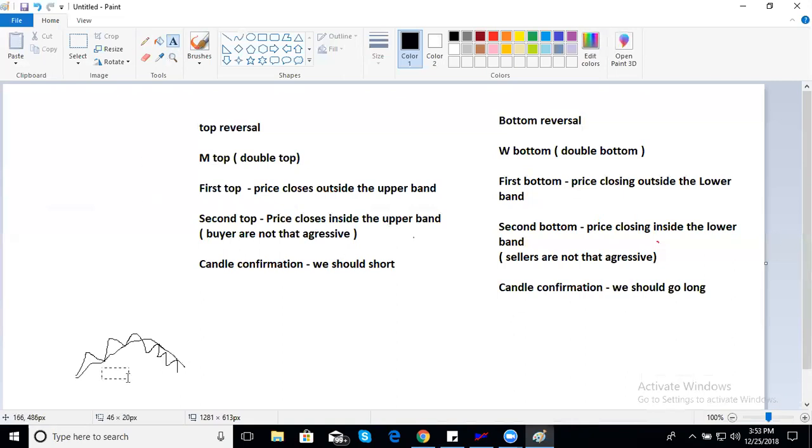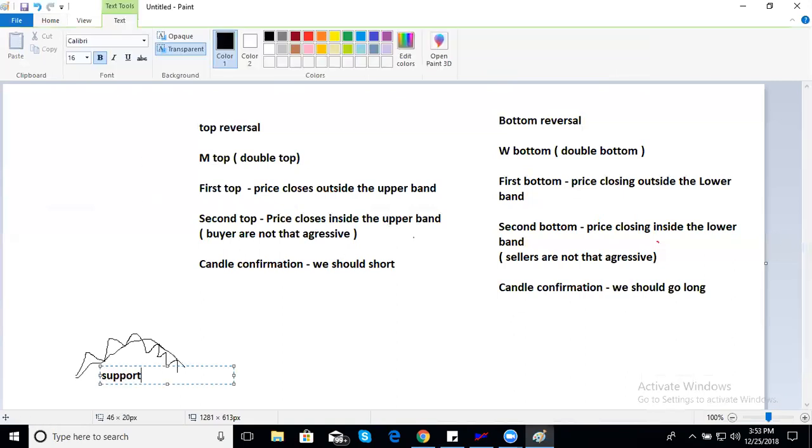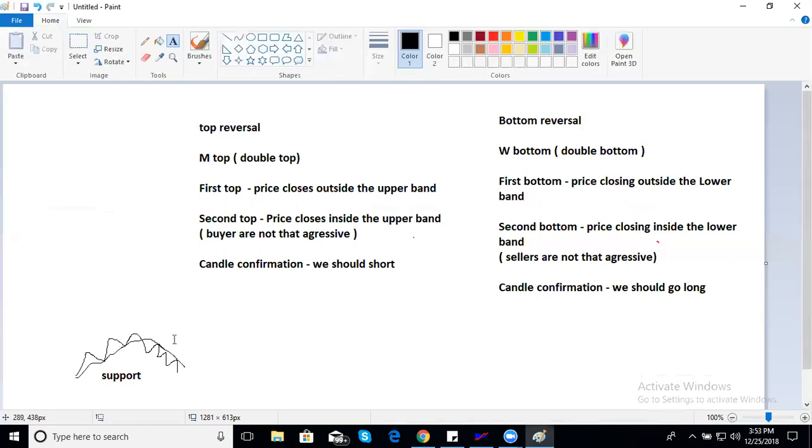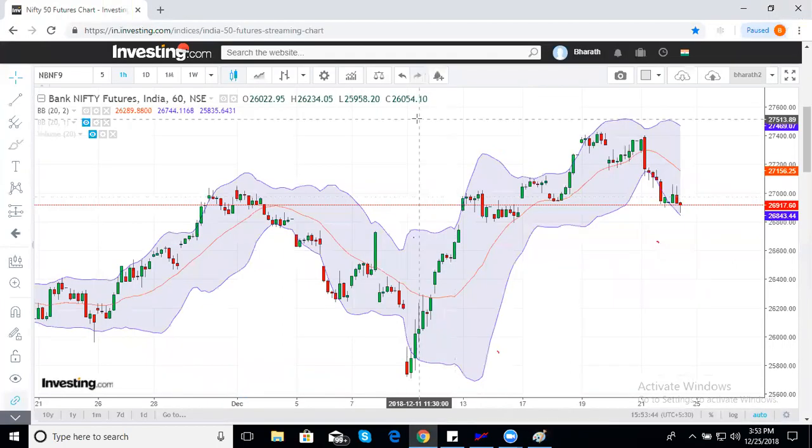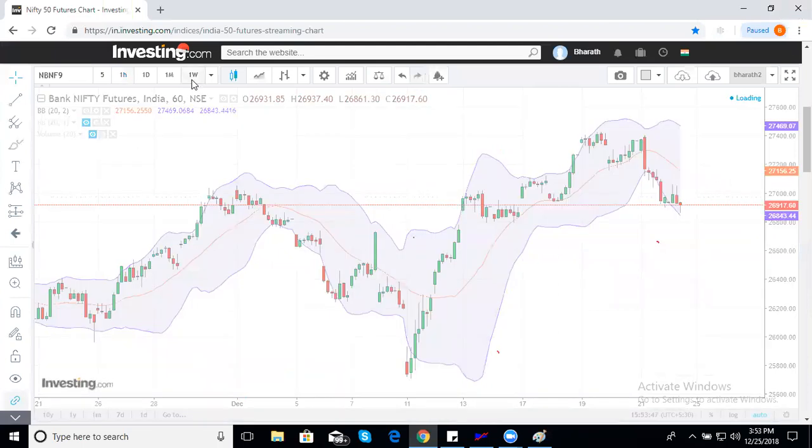The middle band, which was acting as support here in the bull market, turned around and is acting as resistance here. This concept of changing from one to the other is called change of polarity, which I am right now seeing in Nifty on a weekly setup, not on a daily setup, weekly setup. I'll show why it is.